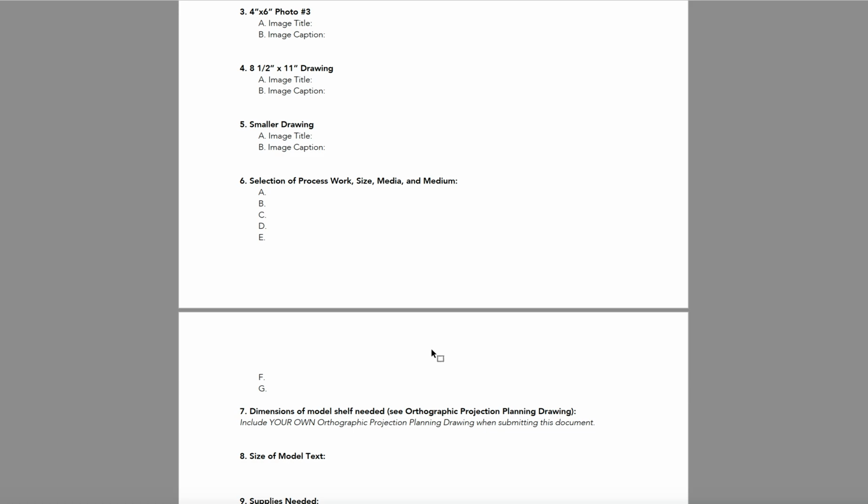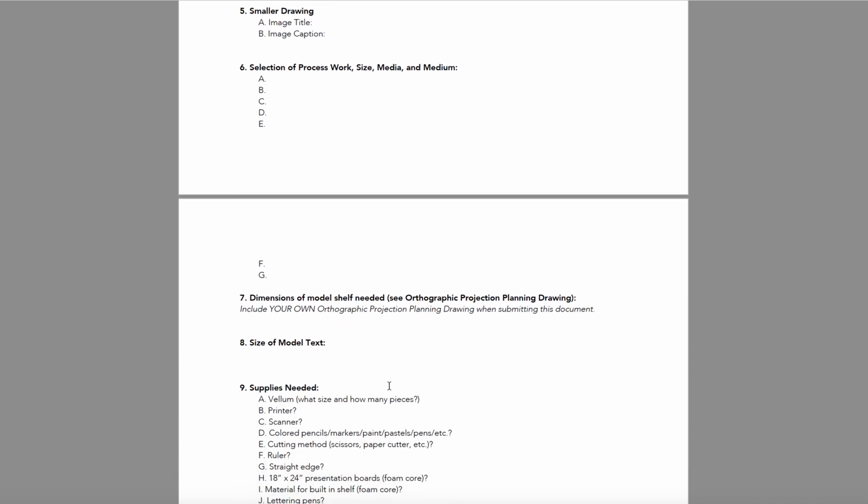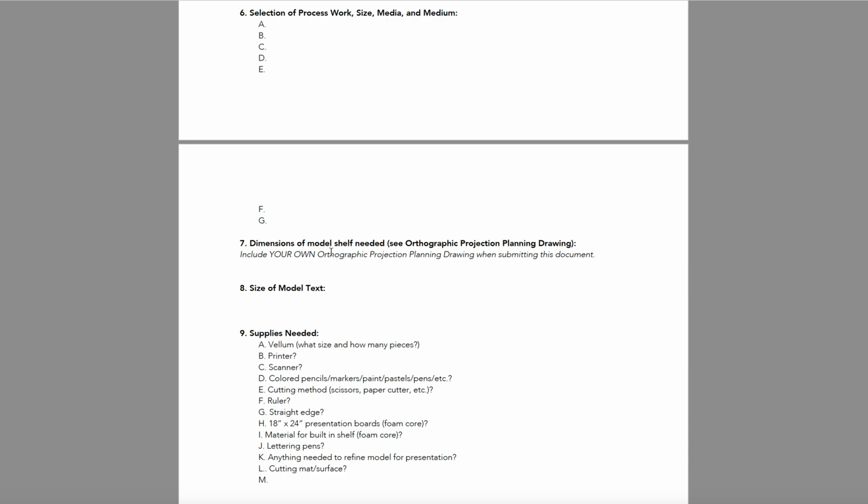So you don't need any extra writing for the process work. This is just listing what you have. So maybe you have a large sheet of trace paper with sketches. Maybe you have 4 photographs that show the workspace of when you built your model. And then you will want to think about the dimensions of your model. Write those down, because that will determine the size of a shelf that you need to build.